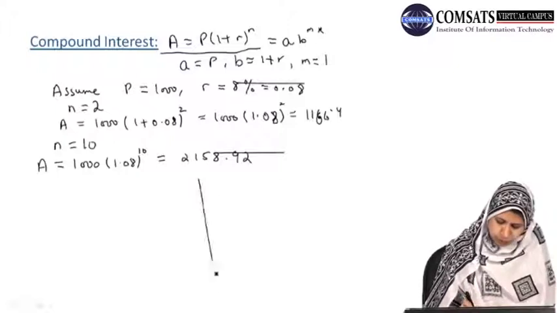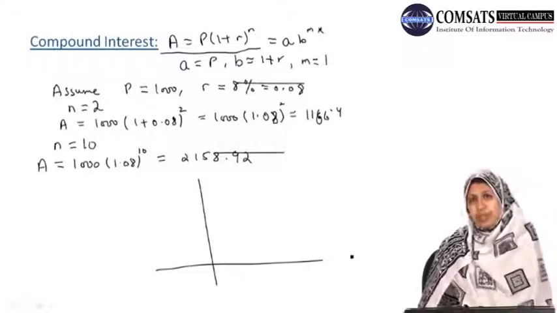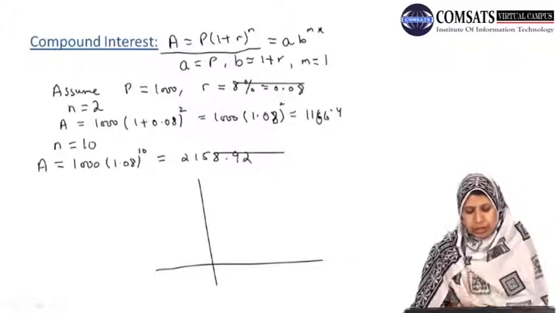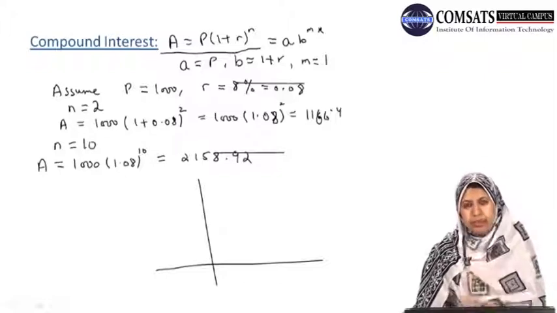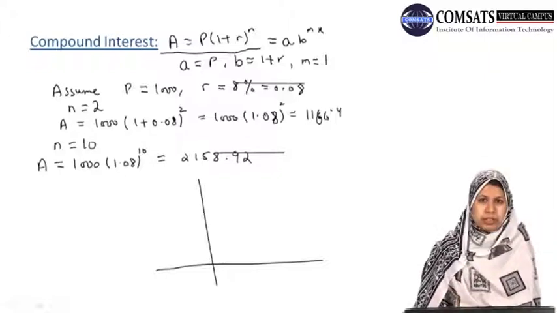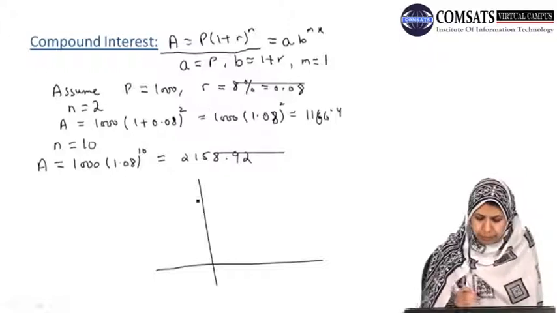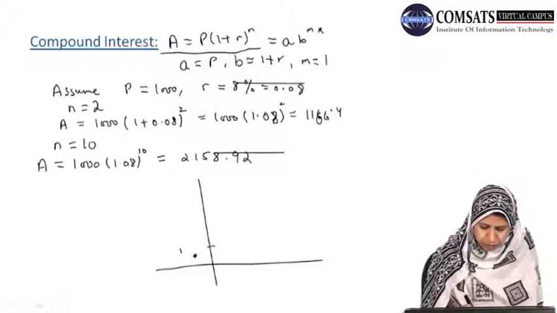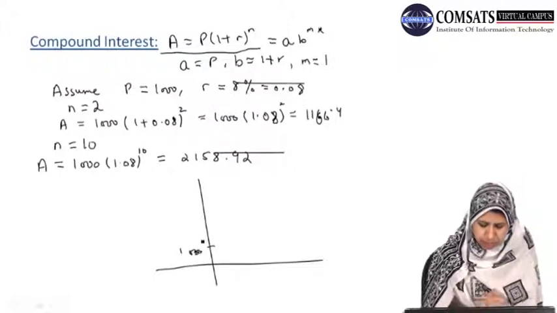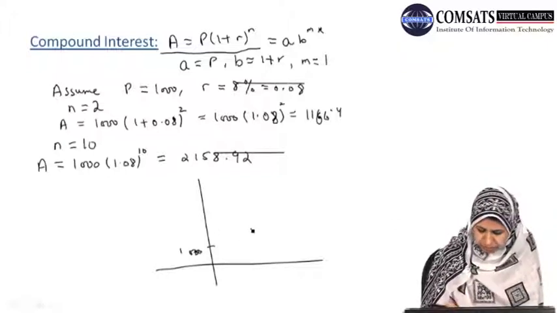If we want to plot this, if we want the graph of this compound interest function, it is an exponential function. The initial amount was 1000. After, let's say, 2 years, it is somewhere here.